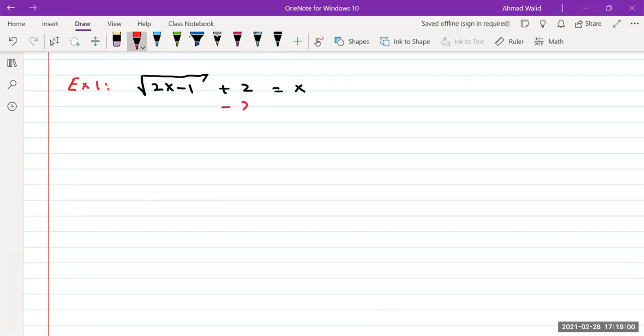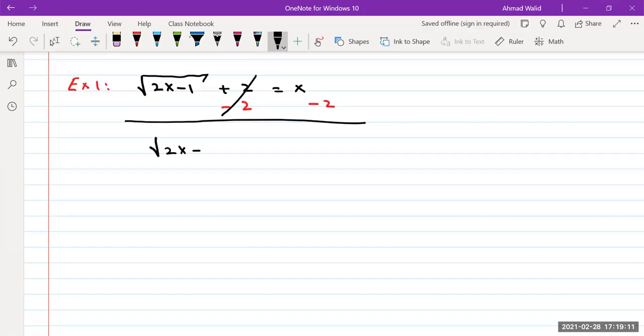I will subtract 2 from both sides. Then square root of 2x minus 1 equals x minus 2. Step 2, raise both sides to the index. My index is 2. I'll raise both sides to the power of 2.